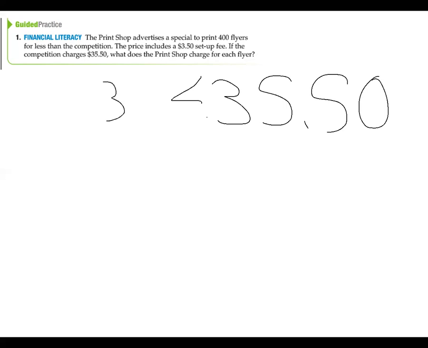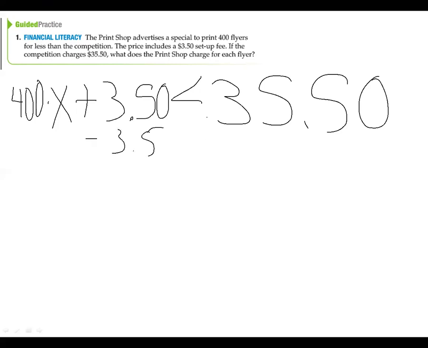The setup fee is $3.50, so we're adding that on already to the charge for the 400 flyers. So it's 400 flyers times the price of each flyer. So 400 times how much it is per flyer. Okay, so 400 flyers times the cost of each flyer plus $3.50 setup fee has to be less than $35.50.